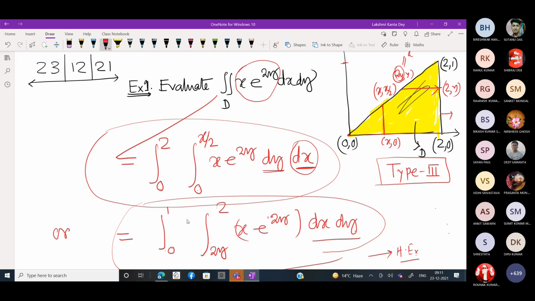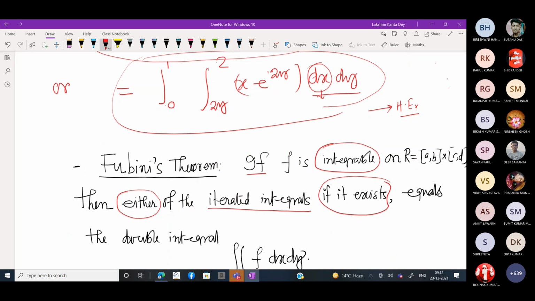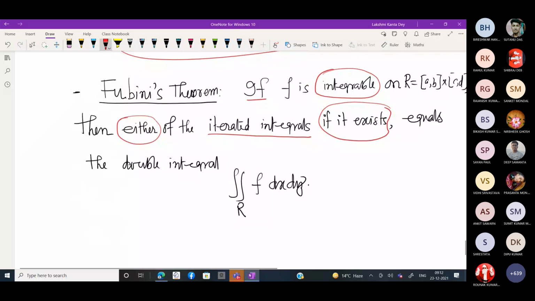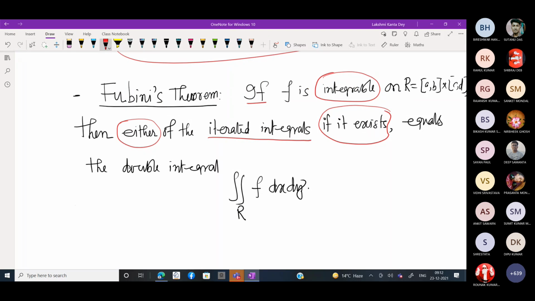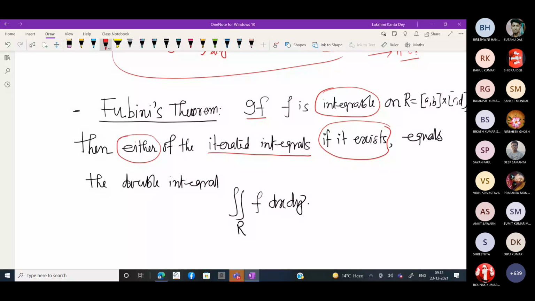Okay. Now I would like to describe one important theorem in this respect. This is known as the Fubini theorem. What it says: if f is integrable on R, the closed rectangle [a, b] cross [c, d], then either of the iterated integrals, if it exists, equals the double integral. So we have to understand this carefully.